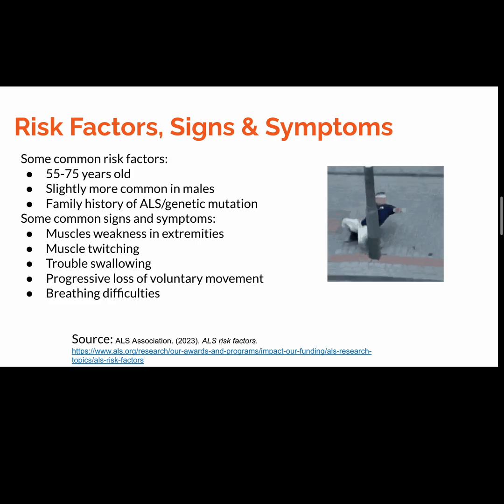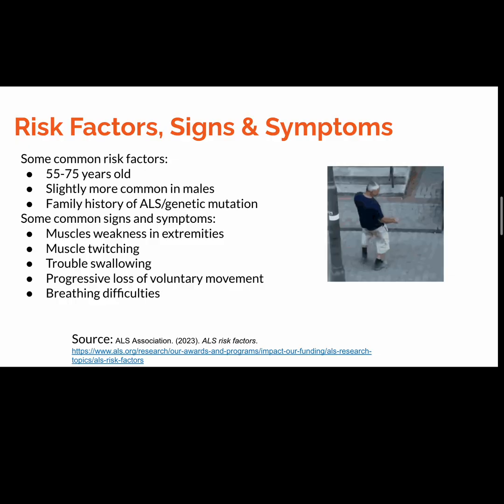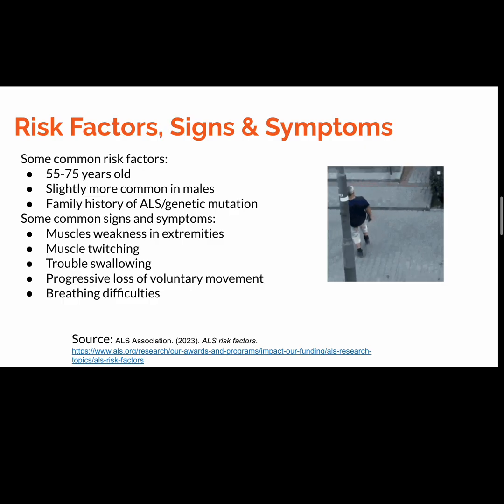The risk factors, signs, and symptoms. Common risk factors include being aged 55 to 75, which is typically when diagnosis or prognosis comes into hand. It's more common in the male sex, and with family history or genetic mutations.